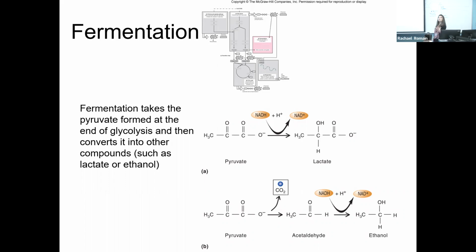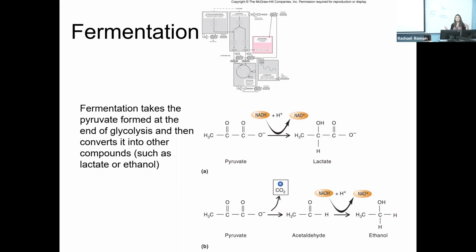Fermentation is an anaerobic process, but it's not a form of respiration. There are two different fermentation pathways. There is a fermentation pathway that can make alcohol, in this case shown with ethanol. It can also make acidic products, in this case known as lactate, okay?